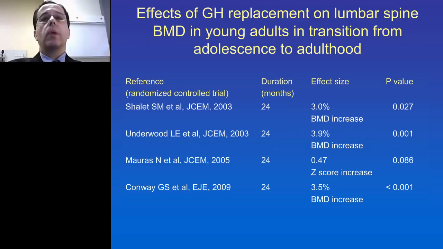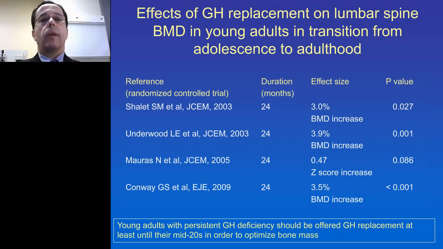They show a 3 to 3.9% increase in bone density in the lumbar spine after growth hormone replacement. This is over placebo. And as a consequence, it has been recommended that young adults with persistent growth hormone deficiency of childhood onset should be offered growth hormone replacement during young adult life, at least through their mid-20s, in order to optimize their peak bone mass.